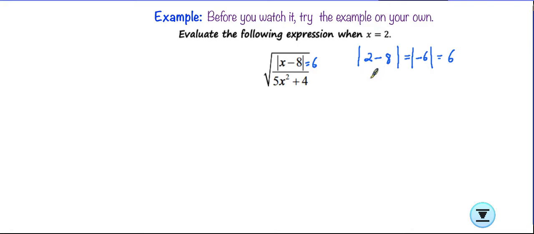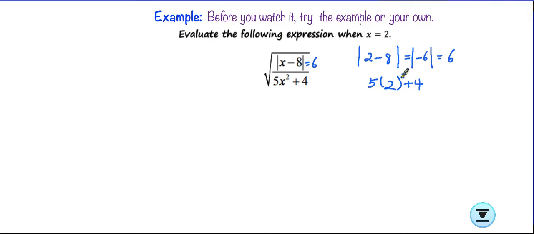So the bottom, again, whenever I see the exponents, I put parentheses to represent the value of x. So I put 2 here, 2 to the second power, then plus 4. Some students might make this kind of mistake. They might do 5 times 2 is 10, then 10 to the second power is 100. That's a mistake. Whenever you do exponents, we do exponents first.